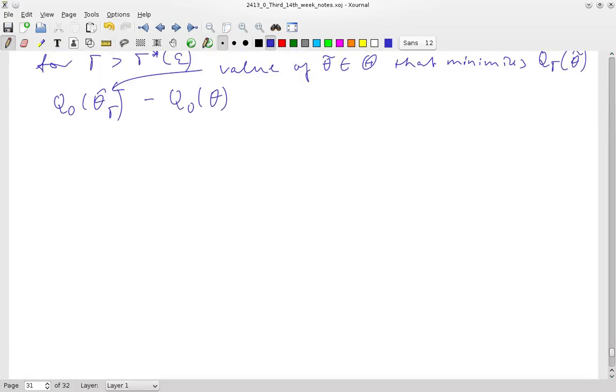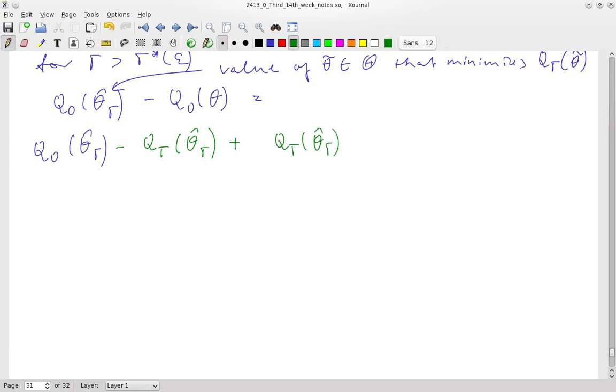Now, what we can do is make a little add and subtract strategy. Here's what I'm doing. I have qt at theta hat t as before. I'm going to subtract qt at theta hat t. This is the objective function at its minimum. I subtracted, but I immediately add it again.